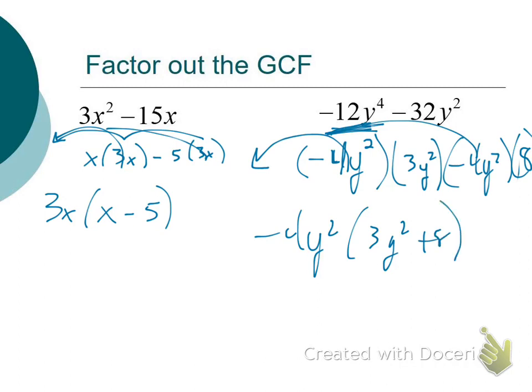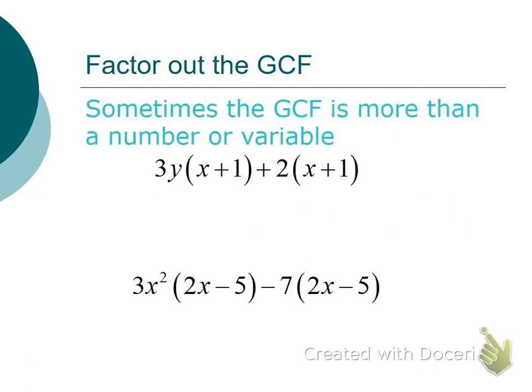Again, it's not how we've done it in the past, and I don't want to confuse greatest common factor, but I wanted to show you this because it helps us when we take a look at a situation where sometimes the greatest common factor is not just a number or variable. It's an actual binomial. For example, I've got 3y times x plus 1 right here, and I've got 2 times x plus 1 right here. The quantity x plus 1 is a common factor for both of those parts.